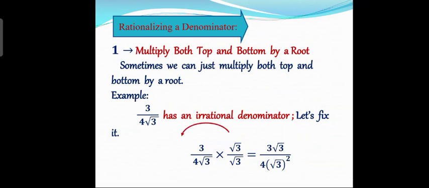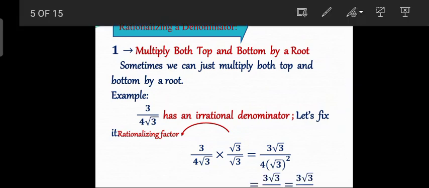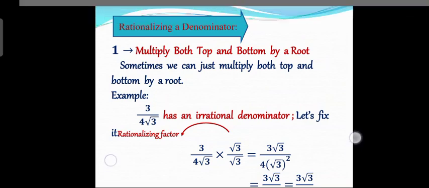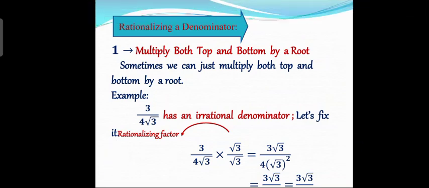After simplification, and don't forget, this square root of 3 over square root of 3 is its rationalizing factor, and its denominator is now a rational number. So we get 3 square root of 3 over 4 into 3.